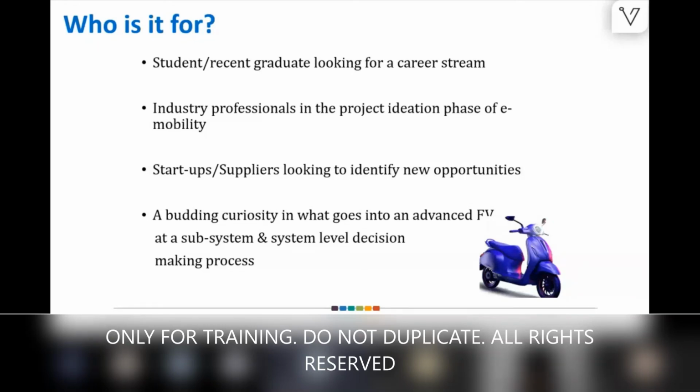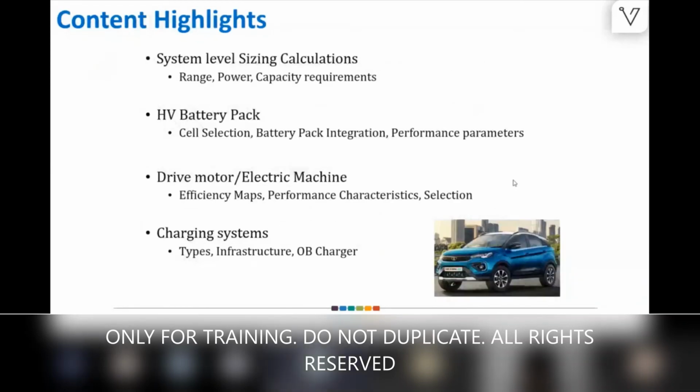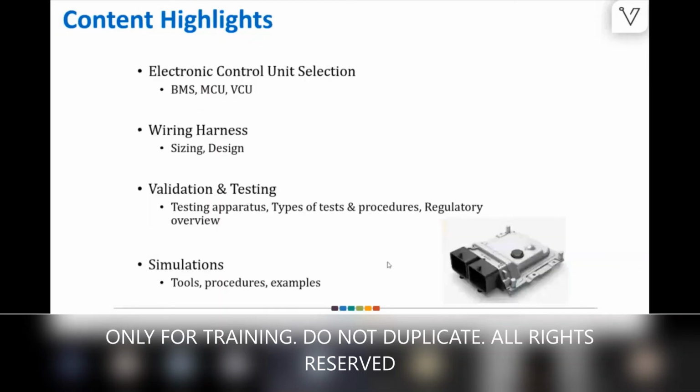Those are the key beneficiaries of the program. Next slide. As I said, we'll be covering all the system level calculations: the battery pack, the drive motor, and the charging systems.